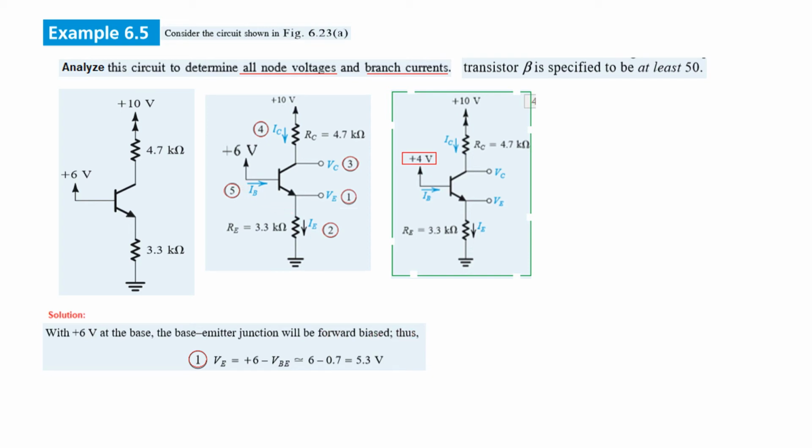So we can say that VE is 6 minus VBE. So 6 minus 0.7 is 5.3 volt. So VE is now 5.3 volt and IE is 5.3 divided by 3.3, which is this resistance. So IE is 1.6 milliampere.